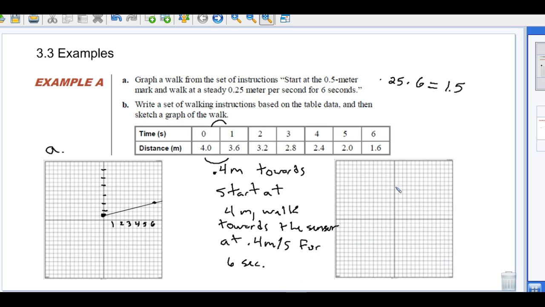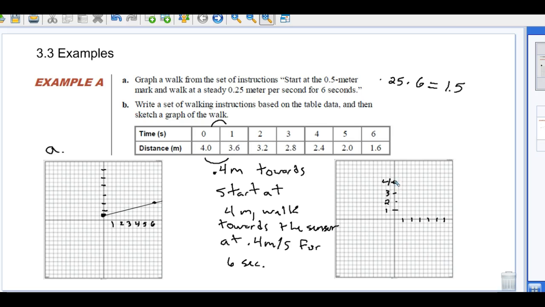Alright, so then we're going to start here and let's go 1, 2, 3, 4. So we've got 4, 3, 2, 1, and let's just do 1, 2, 3, 4, 5, and 6 along the bottom.